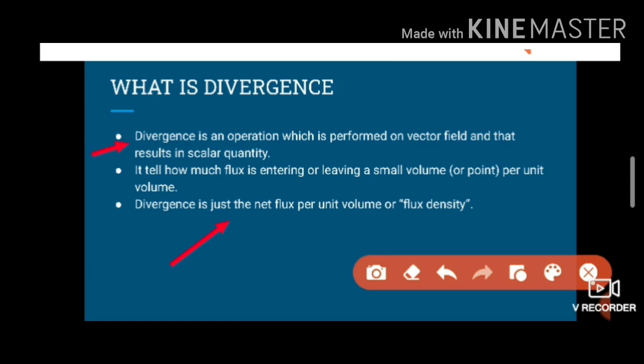So divergence is an operation which is performed on a vector field, and that results in a scalar quantity, and it tells how much flux is entering or leaving a small volume per unit volume. This is called as divergence.